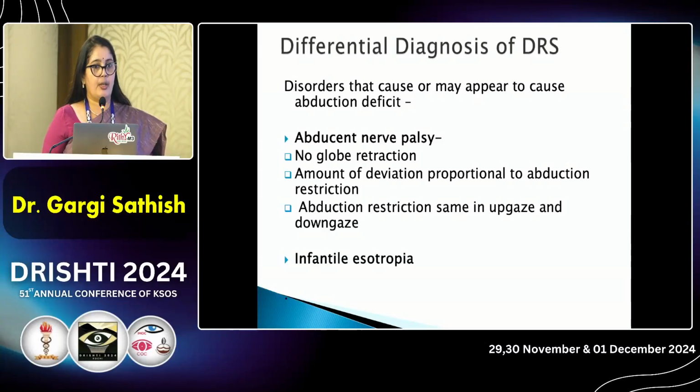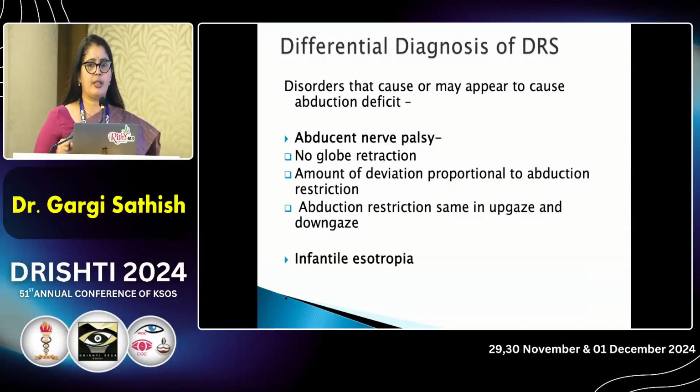The differential diagnosis has already been mentioned is very important, because if the child is very small, examination of extraocular movements is very tricky. So you should not miss out on an abducent nerve palsy or an infantile ESO, where the follow-up and the implications are totally different. So in a congenital abducent palsy, there will not be a globe retraction.